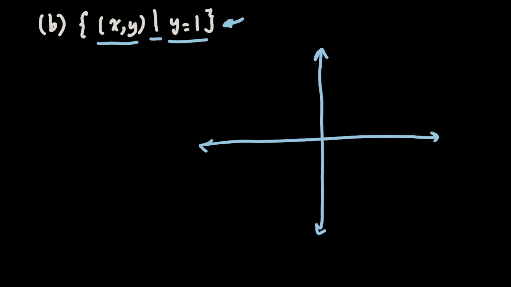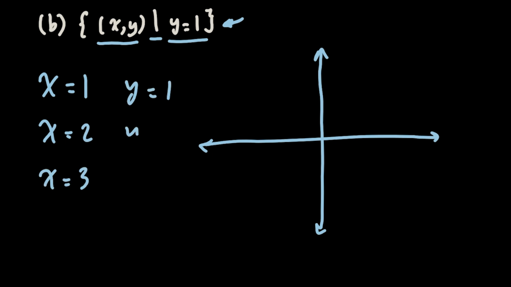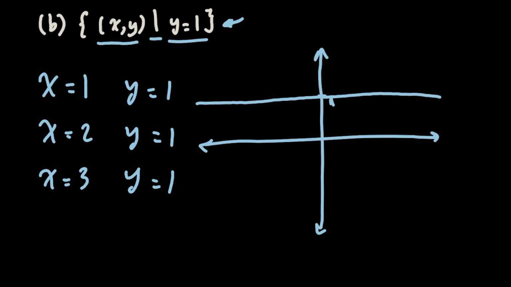Let's suppose that x equals 1, x equals 2, x equals 3. The value of y would always be 1 in all cases. So the sketch for this graph is, just look here. Here we have 1, and the line would be something like this. So this is the graph for this set here.